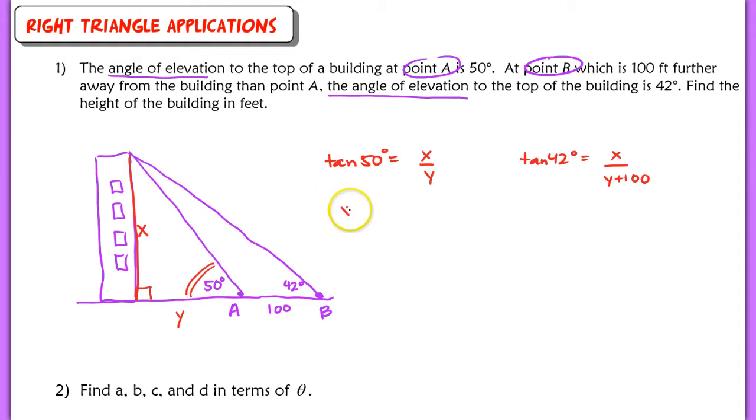So I end up with X equaling Y times the tangent of 50. And over here I have X equaling Y plus 100 times the tangent of 42. Now I can set these expressions equal to one another. So I have Y times the tangent of 50 degrees equaling Y plus 100 times the tangent of 42 degrees.